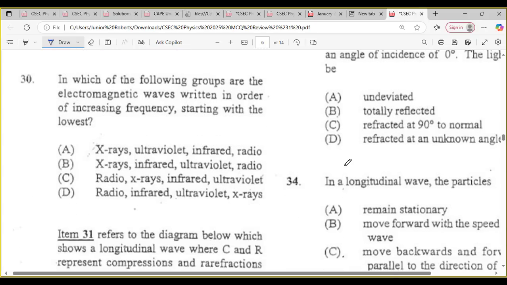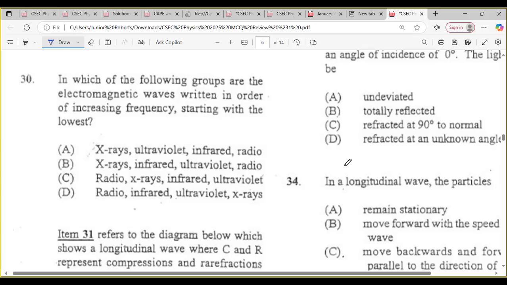So number 30 now. In which of the following groups are the electromagnetic waves written in order of increasing frequency, starting with the lowest? All right, so let's see what we have right here. So we want increasing frequency, starting with the lowest.